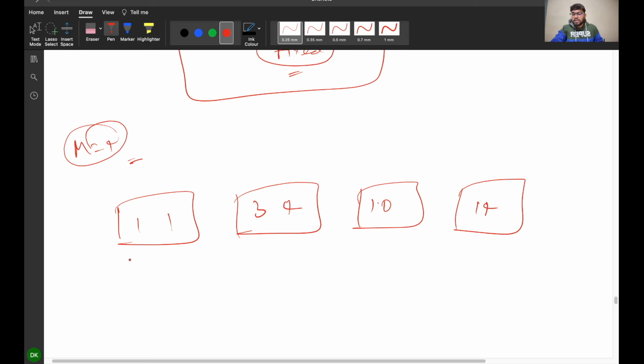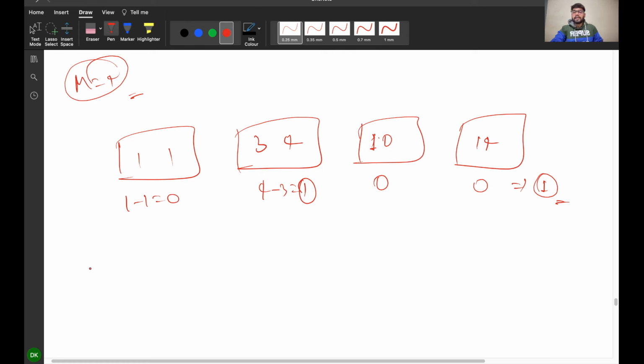Now let's see what the waiting time is. 1 minus 1 is 0, 4 minus 3 is 1, for 10 there is only one person in this bus so the waiting time is 0, and again 0. So what is the maximum waiting time here? 1. So what we can see is that if I increase the number of buses, then the maximum waiting time gets minimized.